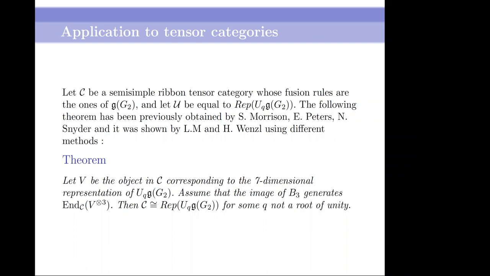I think this equivalence means as a tensor category. As a tensor category, yeah. So if one can do this, that would actually be a very nice way of getting this kind of equivalence. Yes, I will definitely check that out. Thank you.